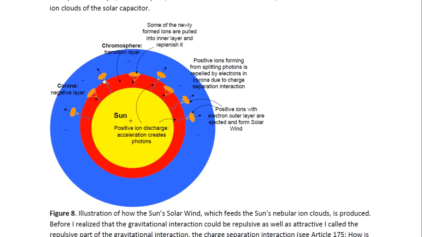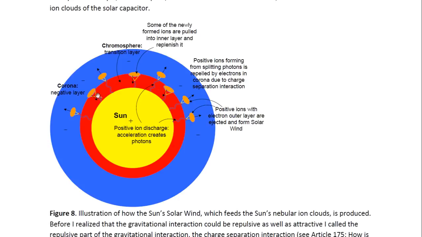And these then give rise to high energy gamma rays which split into particles. And then these particles undergo fusion, and thus heavier nuclei form, and then they are ejected away from this layer because this is mainly electrons, and the gravitational interaction causes the protons, or mainly positive ions that form, to be repelled by this layer.